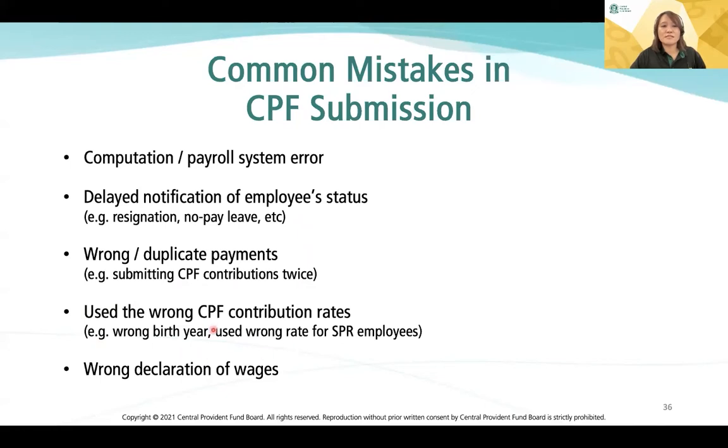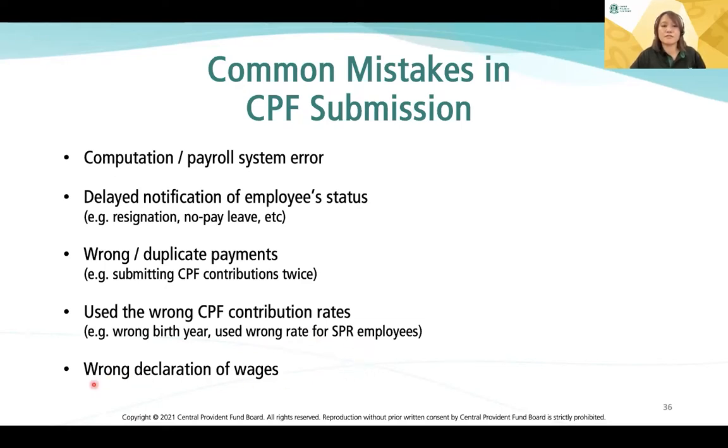Another common mistake is using the wrong CPF contribution rate. For example, just now I mentioned that once the staff turns 55, the rates will change. Probably you forgot about it, and you still give the usual rates when the rate should be reduced. Also for SPR employees, the first year rate is lower, and you probably gave the wrong rates to first year PR employees.